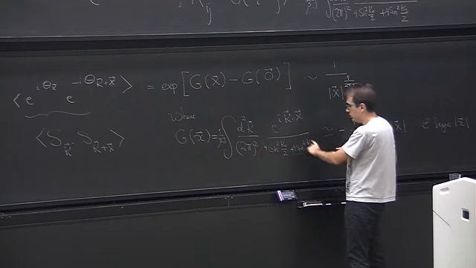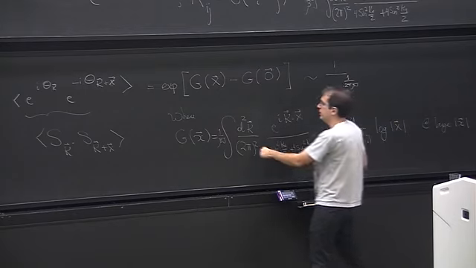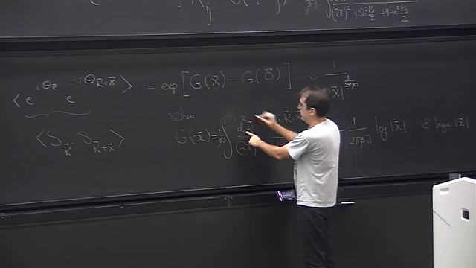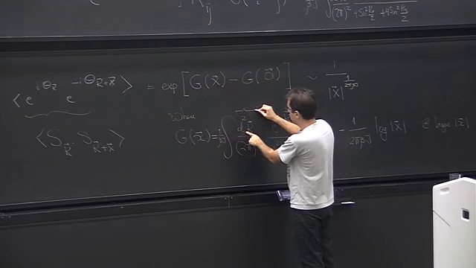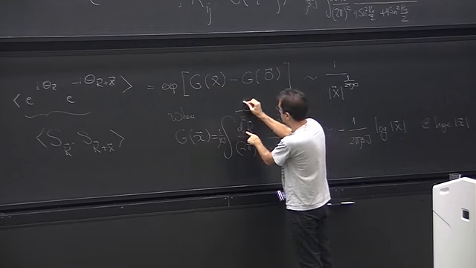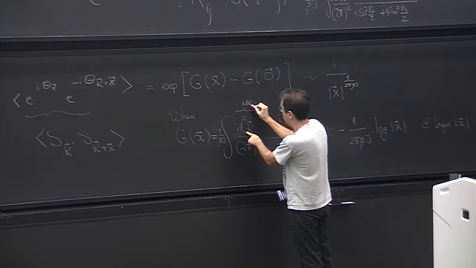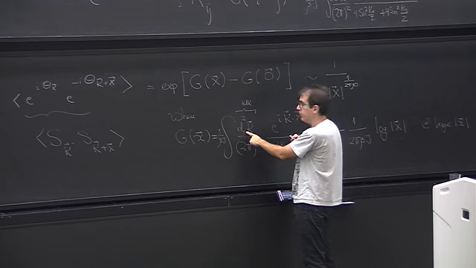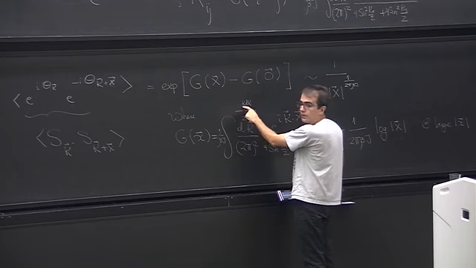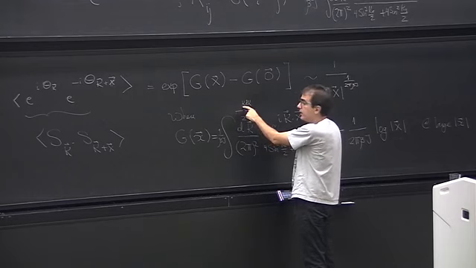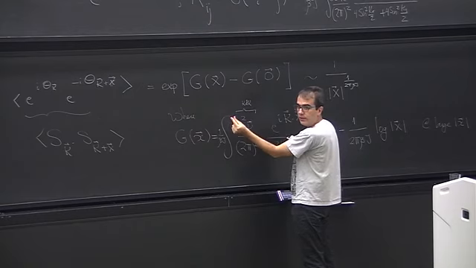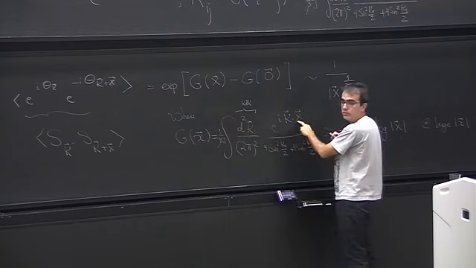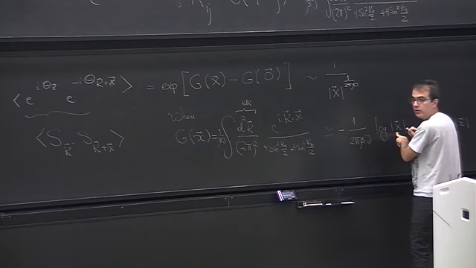And this integral close to small k, if I go to radial coordinates, is k dk in spherical coordinates. So in total, I get a 1 over k, and 1 over k diverges logarithmically at small k. And the cutoff will be related to the distance, and therefore there will be a log.